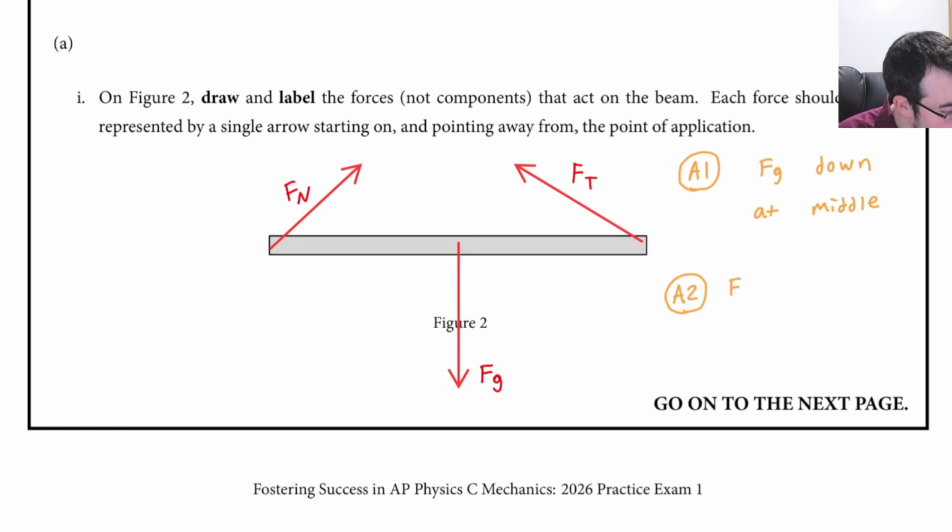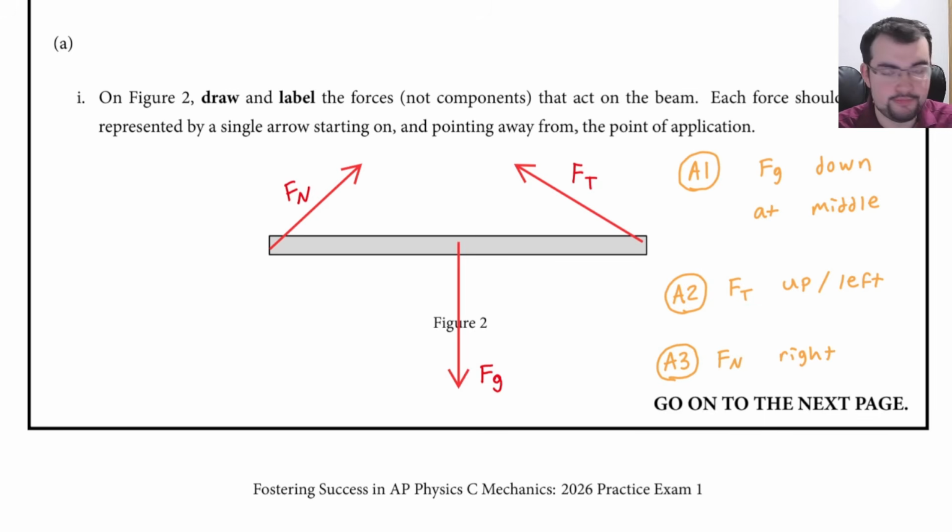So we have Ft is up and to the left, and you need a normal force with a rightward component. Because it's not necessarily clear without doing any math what the vertical component of this needs to be. You could get it in either direction depending on what parameters are given. So we're not assuming you've done any math.